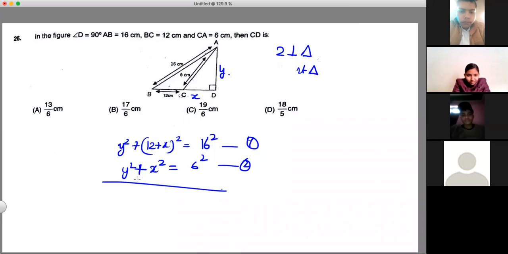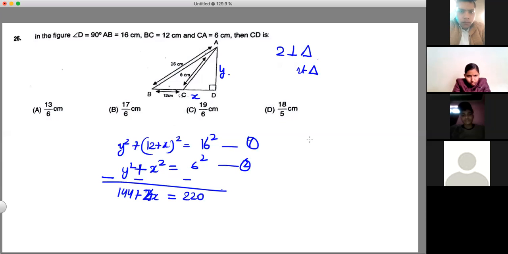Let's try solving it. I subtract the two equations, so I will get 144 plus 24x is equal to 220, right?